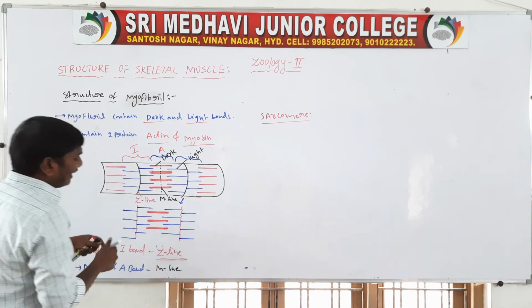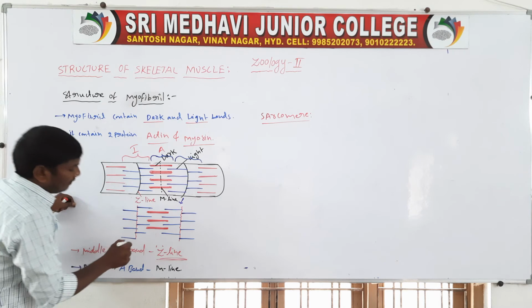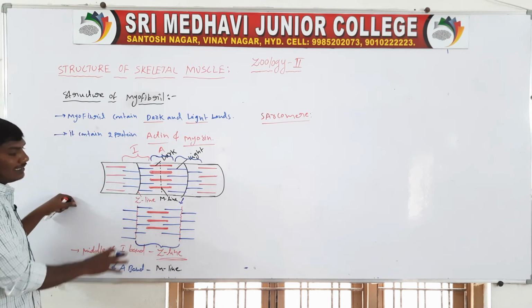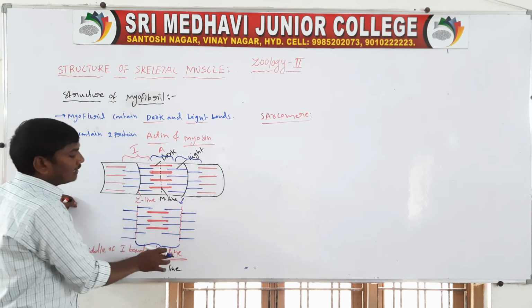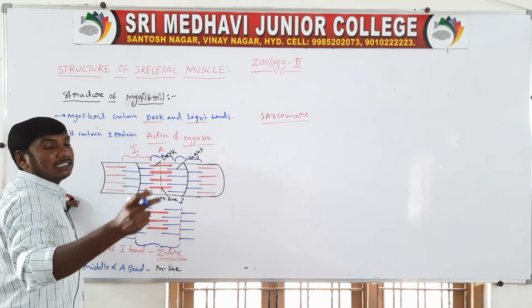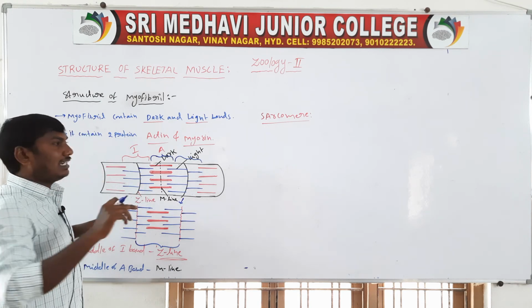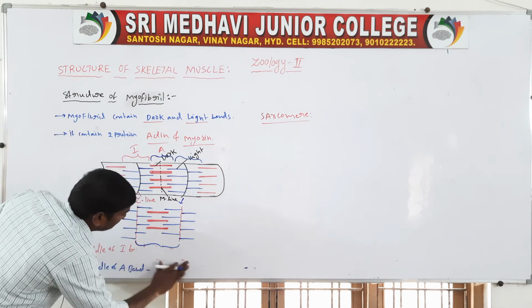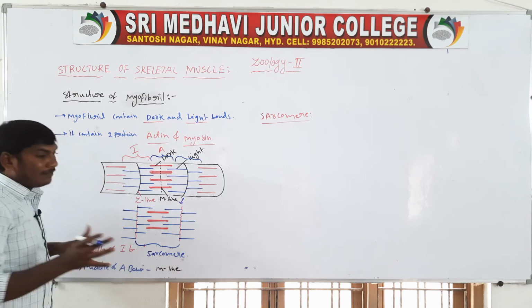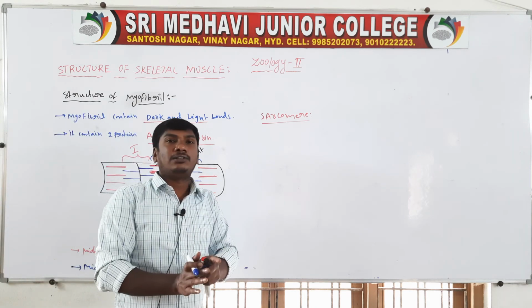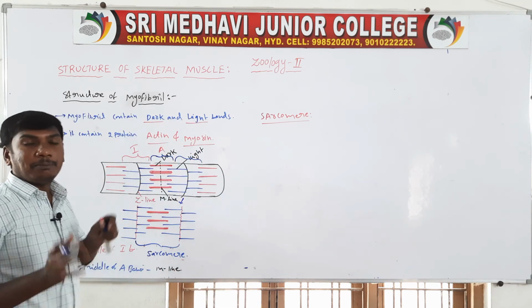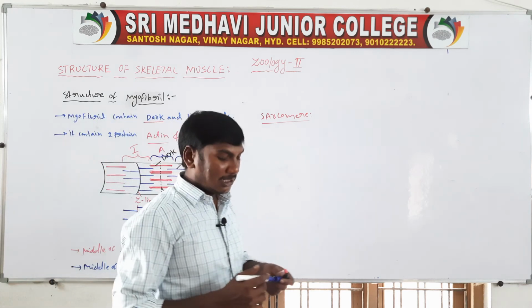The space between two functional Z lines is called a sarcomere.